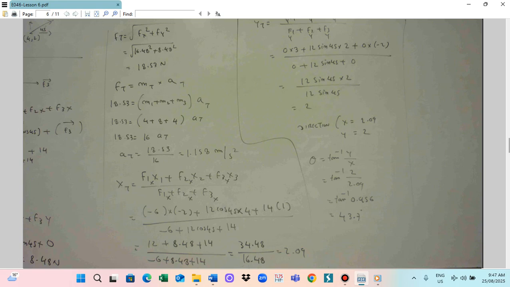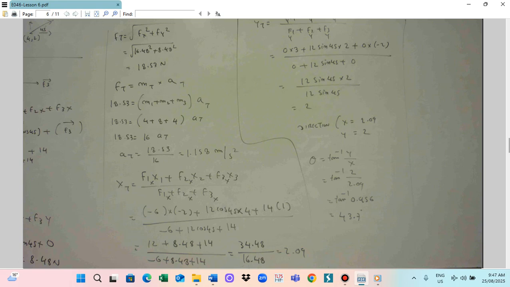So F1 is minus 6, x1 original is minus 2. So this is minus 2. Plus F2 is 12 cos 45, original direction is 4. Plus F3 is 14, original direction is we can say 1.